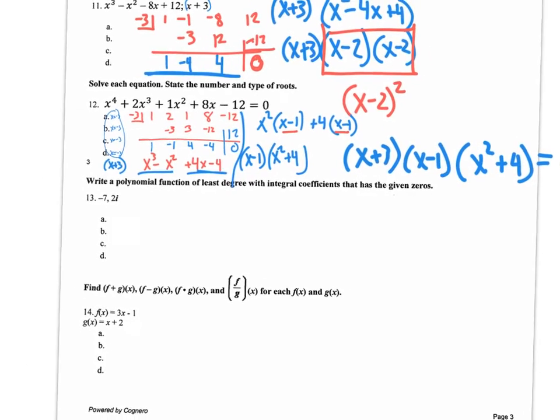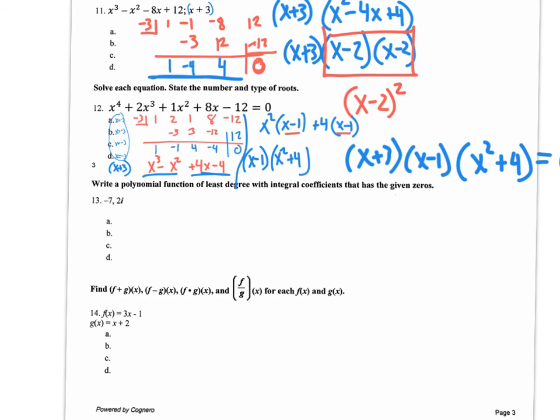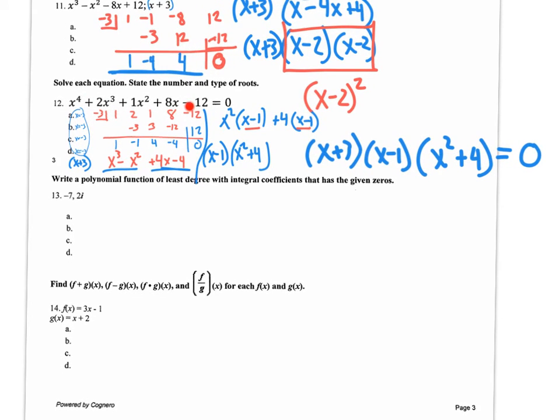All we did was factor the original quartic polynomial to look like this, reverse distributive property. If I were to distribute and combine like terms, I'd get back to this. So why did I do this? Why did I write it in factored form? Because now I could split it and solve, right? And we'll be able to find our answers.